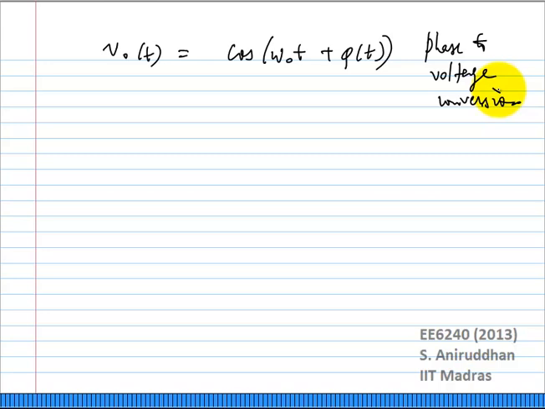So if you do this, Vo of t will end up being, let us say this was a cos(ω0 t plus φ of t). You will get a cos ω0 t. This is your fundamental, your carrier which you are interested in, plus a times, depending on what disturbance you have at a particular frequency, and the amplitude of the disturbance, you can write out the expression.